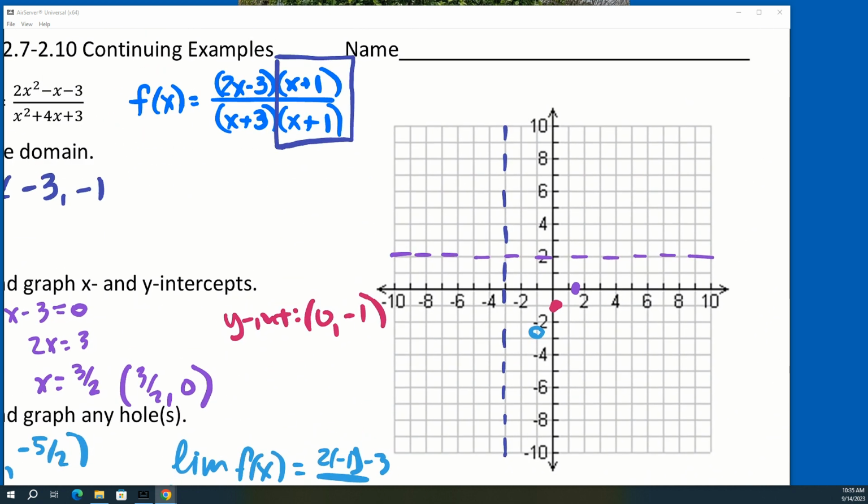So on the left side of my vertical asymptote, I'm going to start close to the top, and then I'm just going to curve. Not supposed to be jagged. I'm just going to curve through and then approach the horizontal asymptote. So that's one branch of my graph.